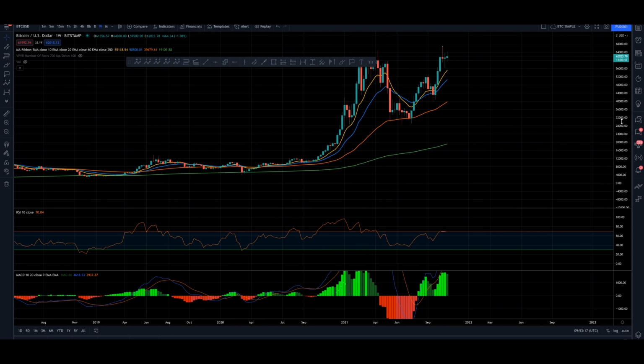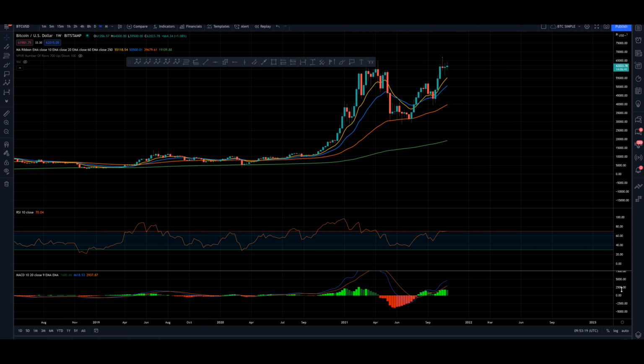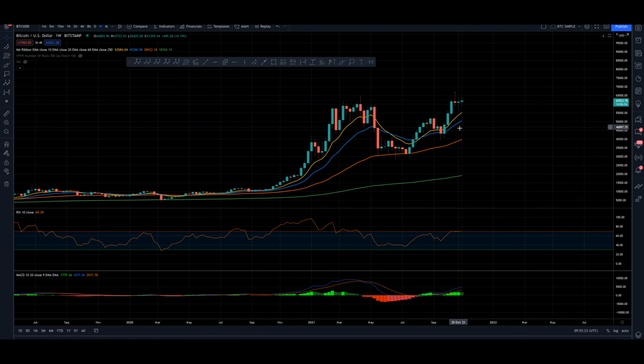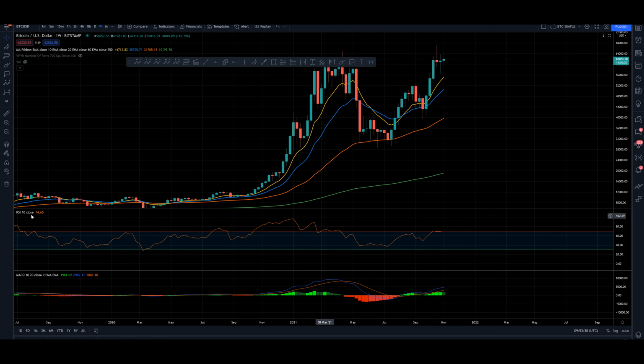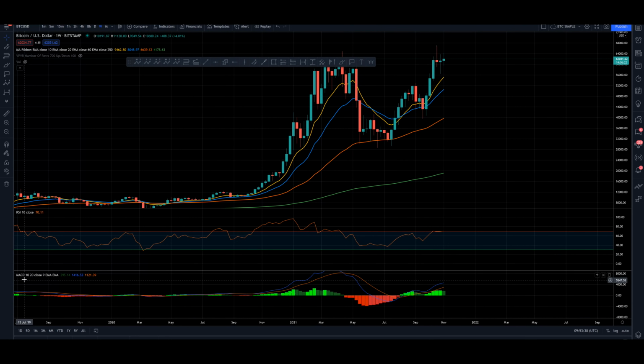Alright, okay, so what can we see? Above the 10, above the 20, above the 60, above the 250, which are yellow, blue, orange and green respectively, with our RSI set to a 10 close, with the green 30 level representing oversold, the red level at 70 representing overbought, and we have a MACD as a 10 for the average and a 20 for the signal.